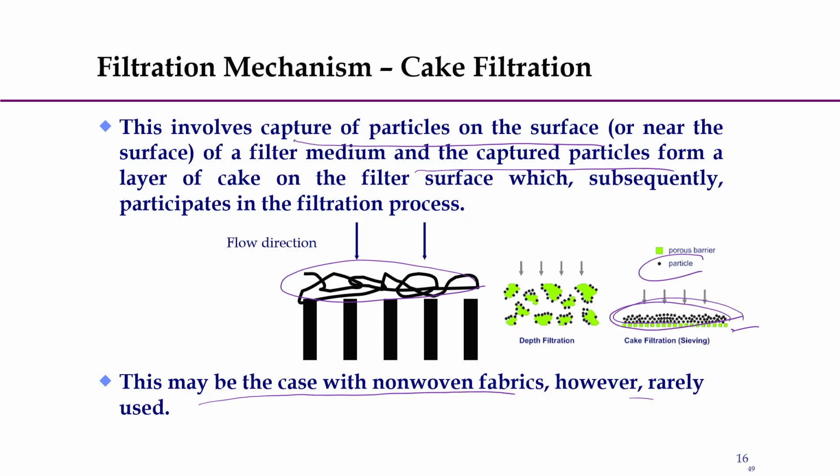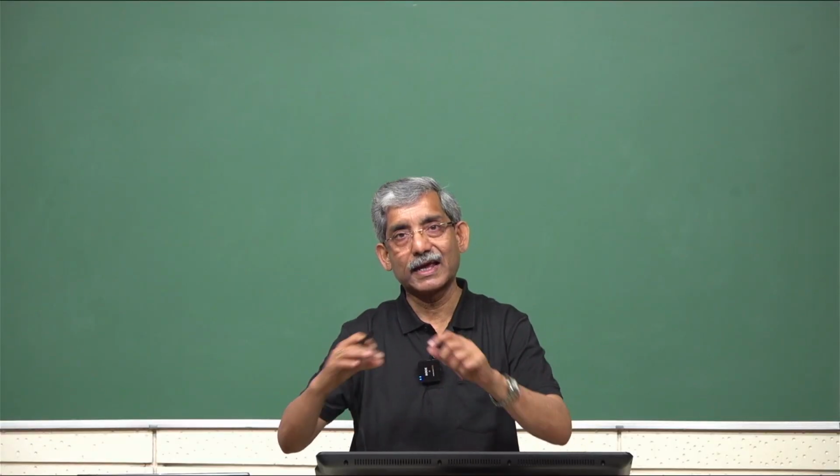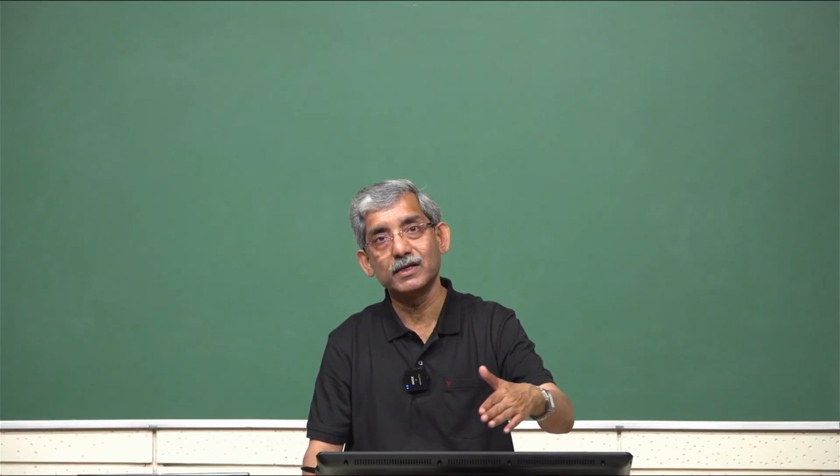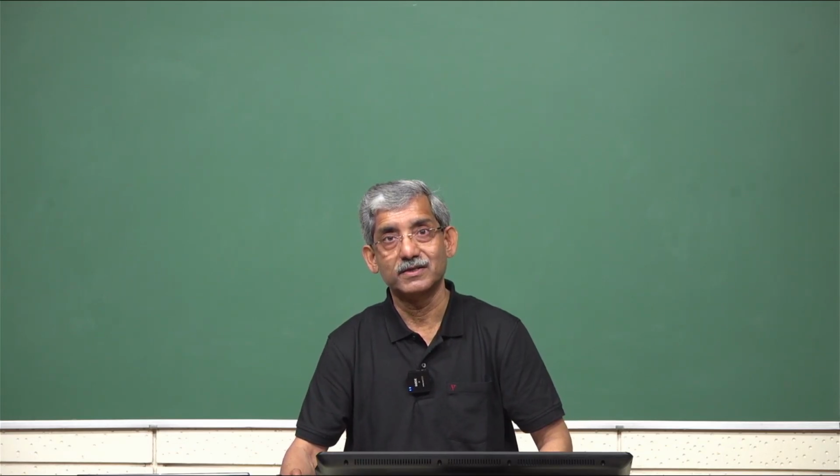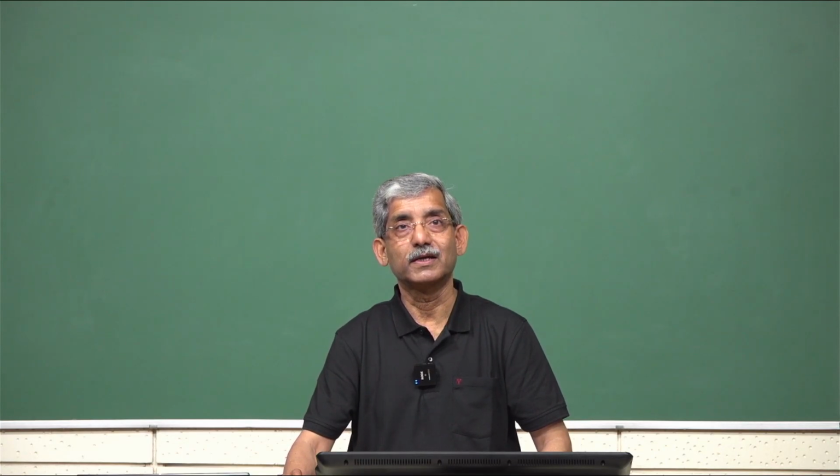I have already explained how the cake formation is there. The filter fabric with the cake is used from the beginning, so that the smaller particles can be arrested from the beginning.